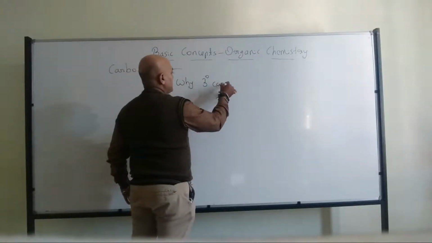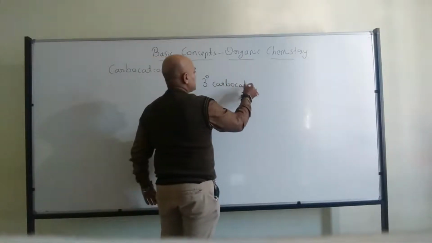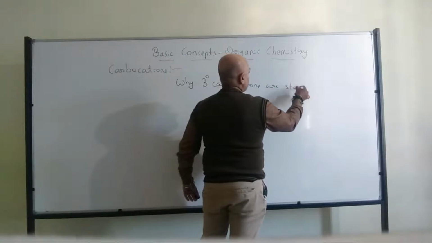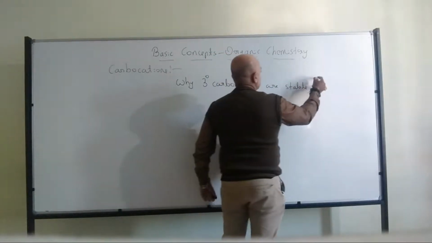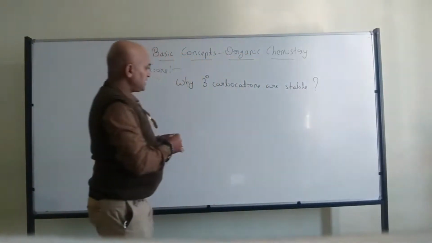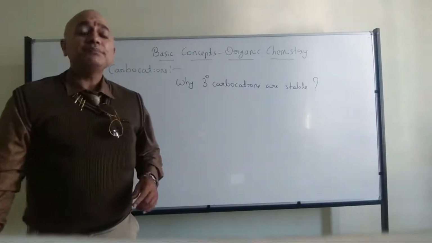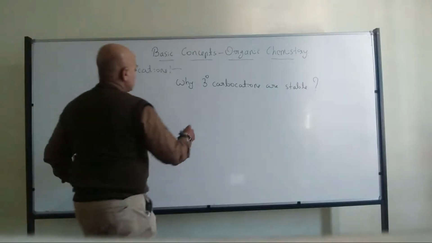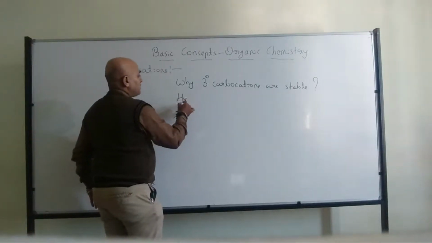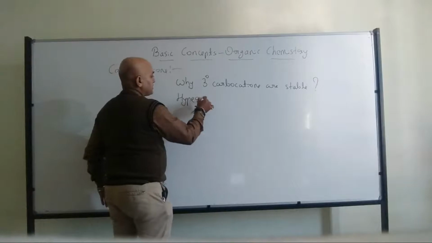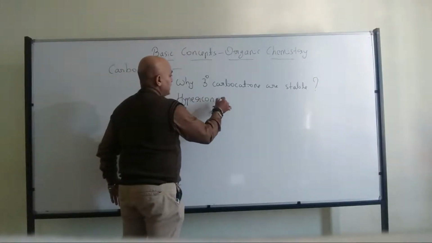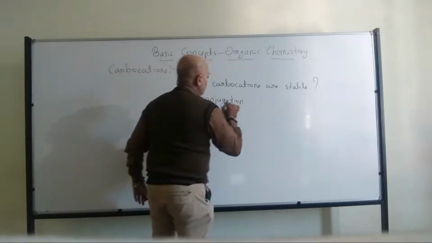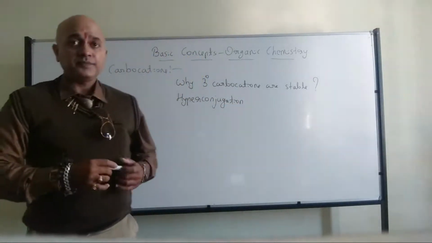Now, the answer for why tertiary carbocations are stable. Okay. So that is the question. Why are tertiary carbocations stable? Now, to answer this, the one-word answer is that it is due to the hyperconjugation phenomenon.